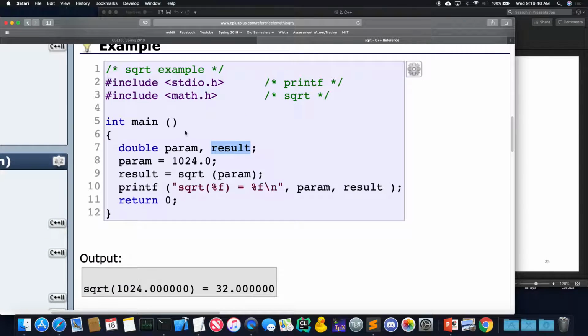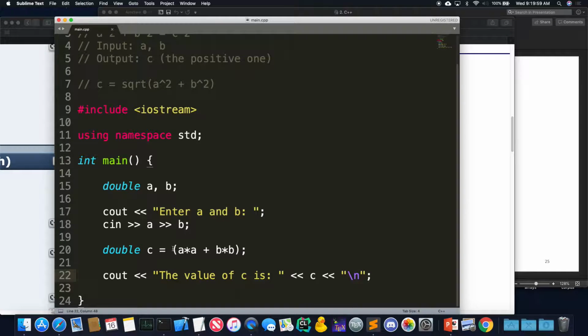And then we're setting a value to param, and then it says sqrt with parentheses on param. And then it's being stored in the variable called result. Okay, so then maybe what we can do in our code is what? What could we do here?